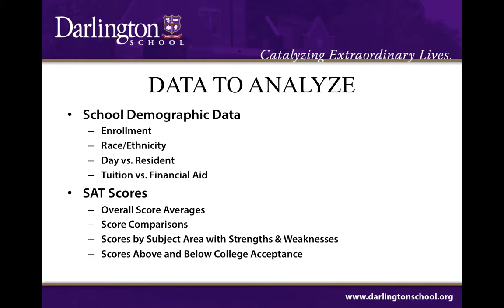We're going to look at the overall scores, the averages. We're going to do some score comparisons for Rome High School and also the overall state. We're going to talk about scores by subject area with strengths and weaknesses, and we're also going to talk about scores above and below college acceptance levels.